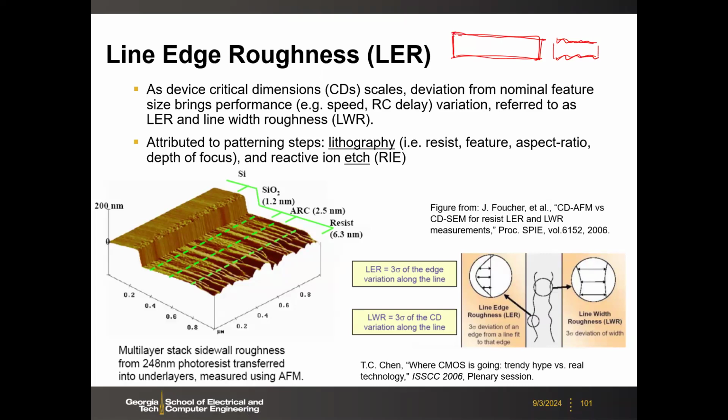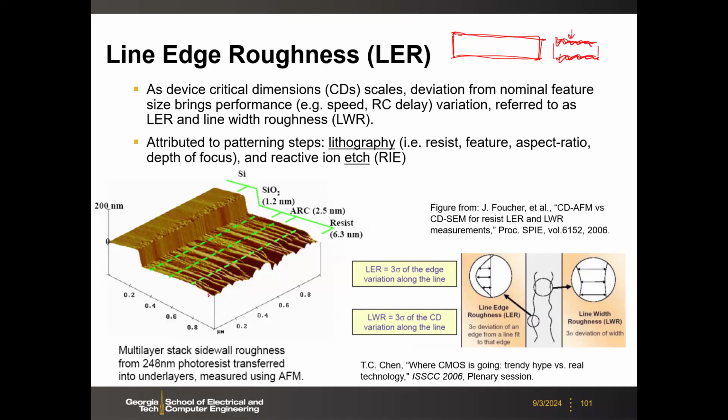Because the polymer, this photoresist, has this molecular structure, the edge will have a few nanometer roughness due to you missing one molecule there, or having an additional molecule there. So the edge will be rough because the molecule there is a few nanometers in diameter.